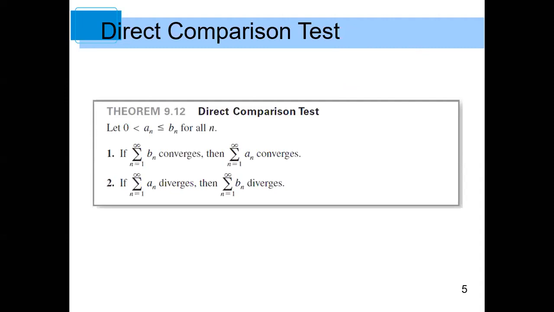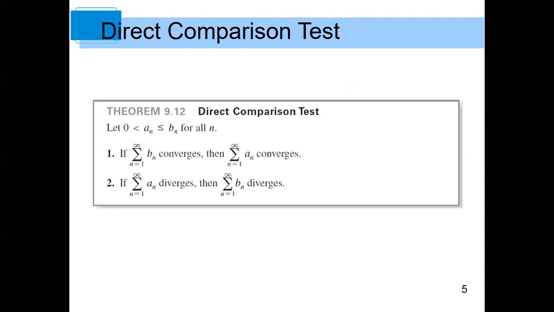Okay, we're only dealing with series of positive terms here. We're still just dealing with series of positive terms. If 0 is less than a_n is less than or equal to b_n for all n, well, if series b_n converges, then what can we conclude about series a_n? It also converges, yes?